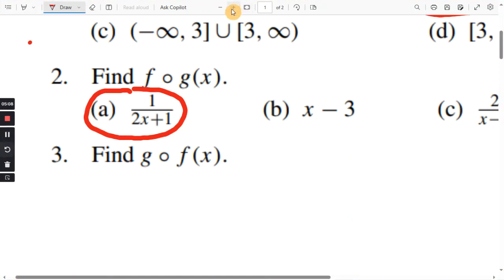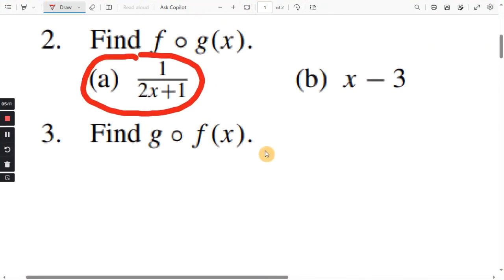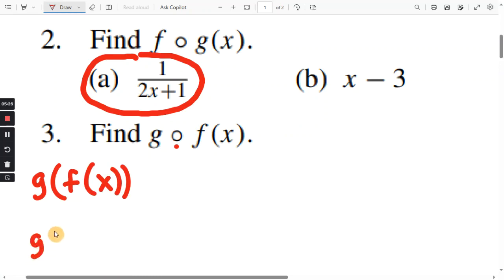All right, number 3. Find g of f of x. So this is written as g of f of x. Basically, you start with g of x, and you plug in the f of x in place of x.